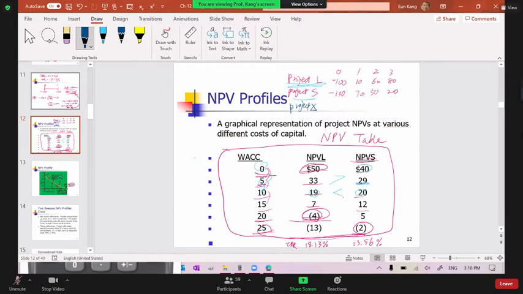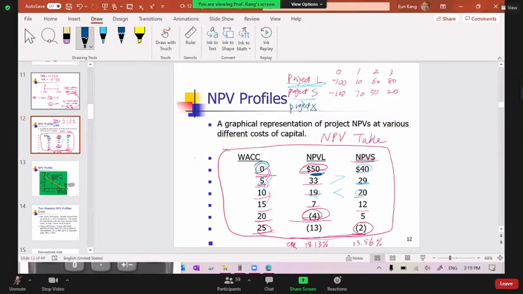The delta project is either project L's cash flow minus project S, or project S's cash flow minus project L. Both are fine, but it's better to make sure that when the net present value of L or S at 0 is bigger, you make it L minus S this time.